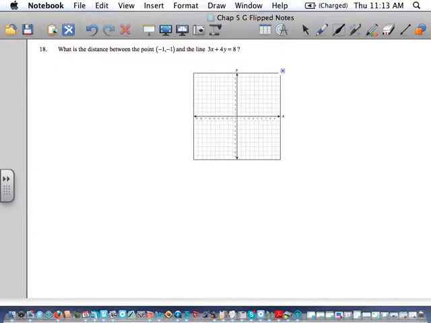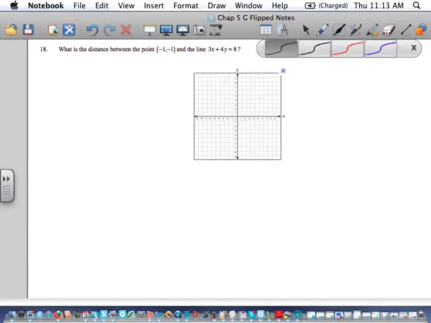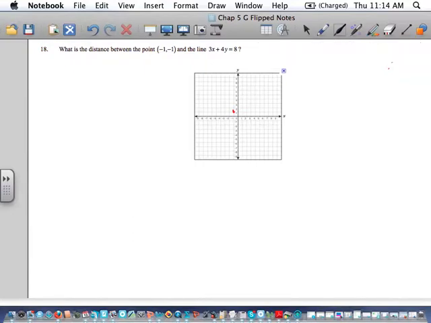Next question, number 18. This is the distance from a point to a line, and the graph's here just to help you visually look at it. If I have a point at -1, -1, that's right here. If I want to plot this line, I'm going to put it in slope-intercept form. You don't have to, but it may help you visually see this.